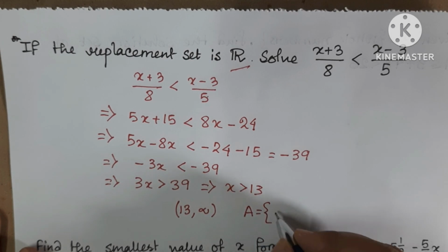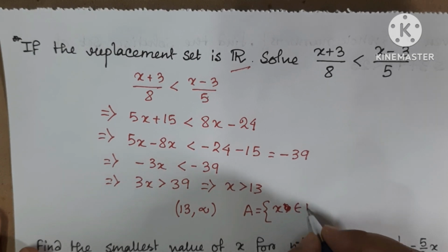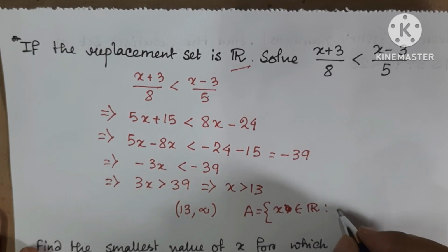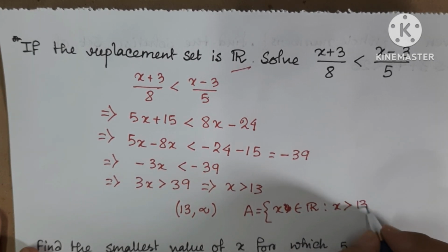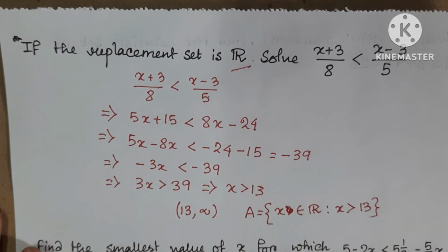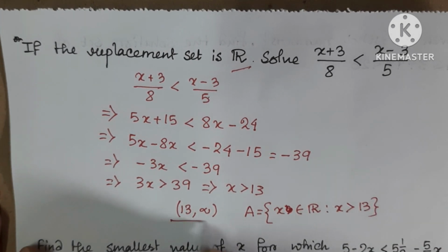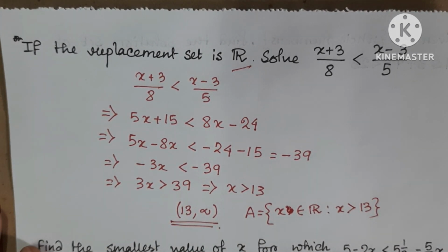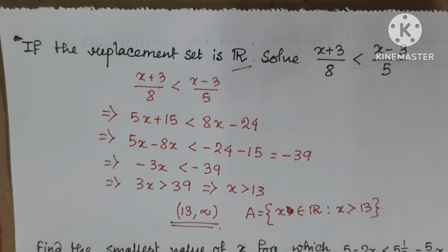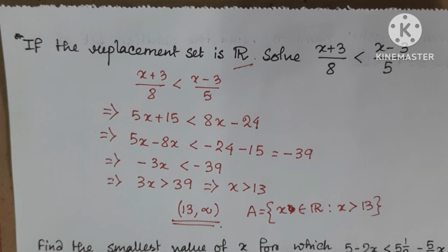Set A will be equal to x belongs to R such that x is greater than 13. Okay, or this way, this is interval notation. Okay, got it? Next question.